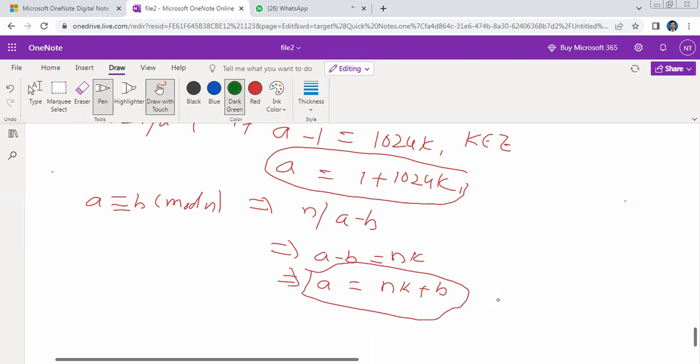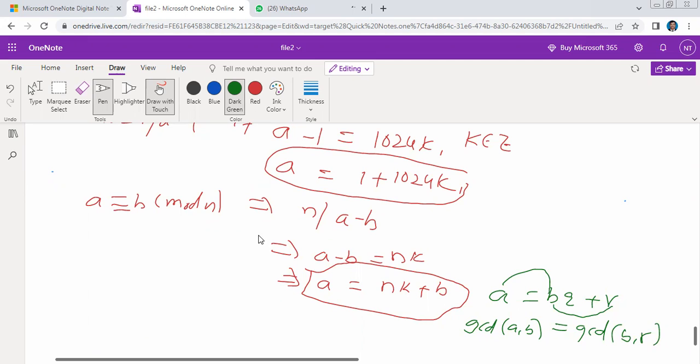Here this looks like A is equal to BQ plus R mod. We gave you one result, remember. In the equation A is equal to BQ plus R, GCD of A comma B equals GCD of B comma R. Right?